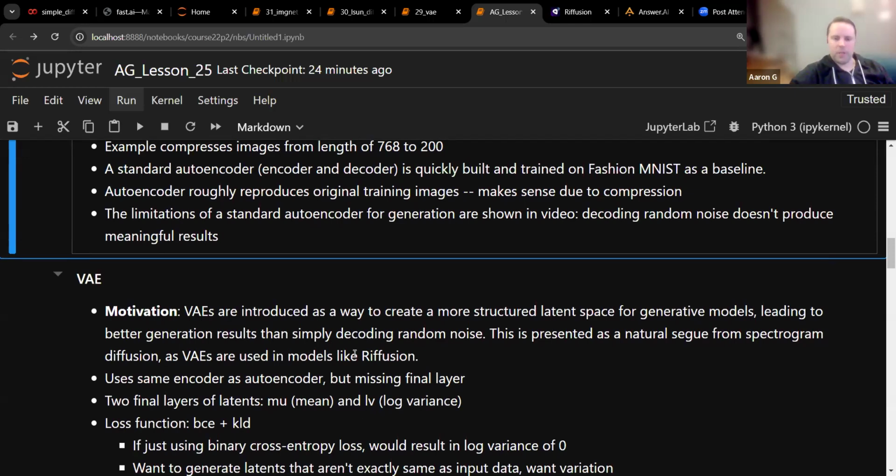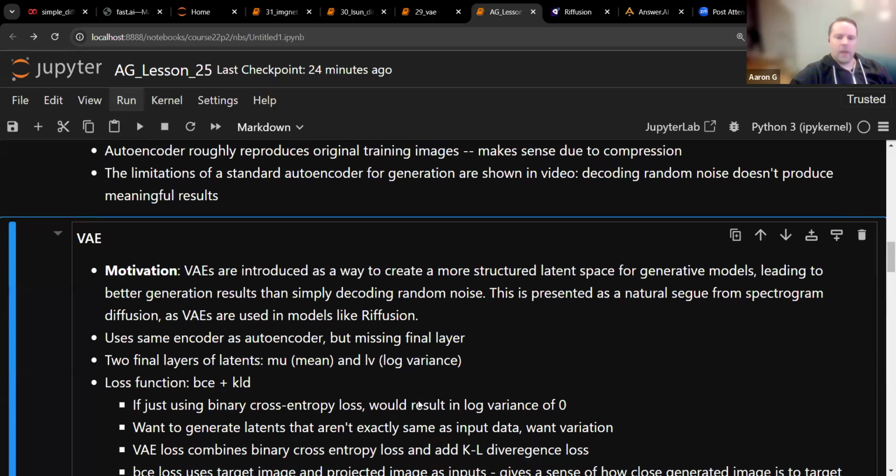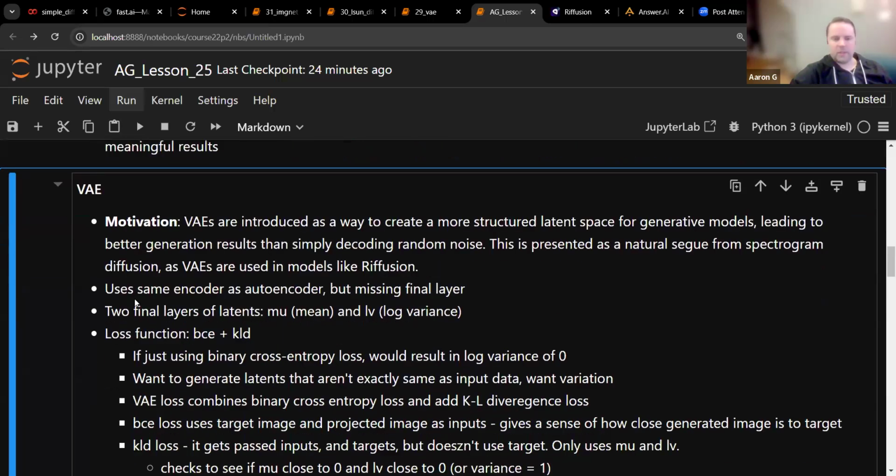And again, that Refusion website apparently uses both spectrograms and VAEs under the hood. And we end up starting with a similar encoder. It's actually the same encoder that we used in the autoencoder, but we're changing the final layer where we have 2 outputs, not 1.